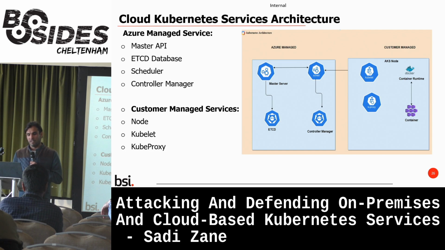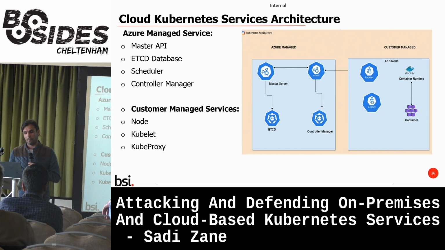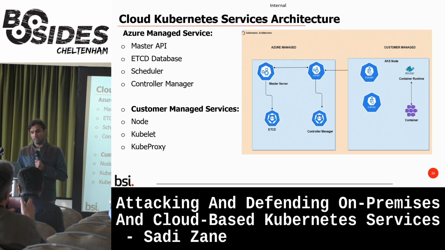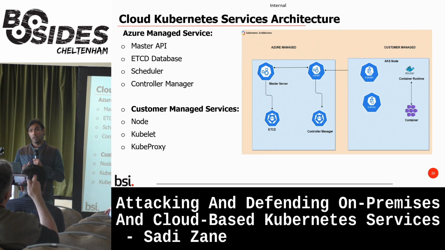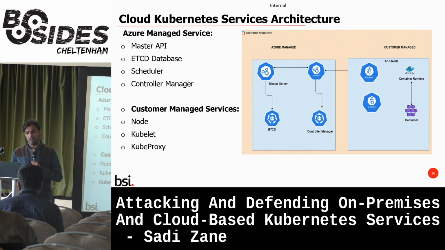I'm sorry, the video wasn't great. The screenshots are, for some reason, blurry. But if I quickly move on to the actual cloud Kubernetes service architecture: the architecture with AKS or any other cloud is different. From the cloud perspective, you no longer manage the Kube API server or etcd, so you have no access to etcd and the controller manager, as well as the Kube API server.